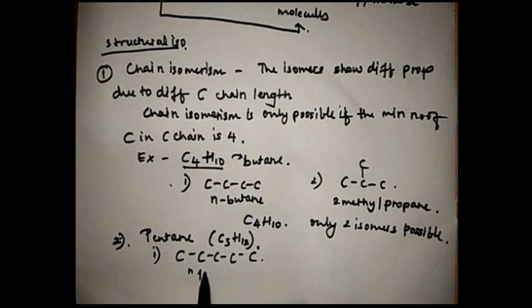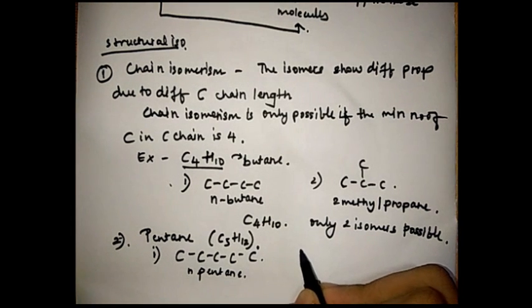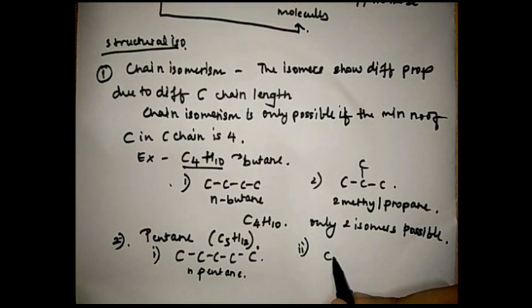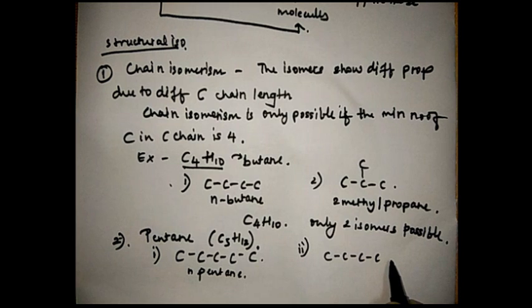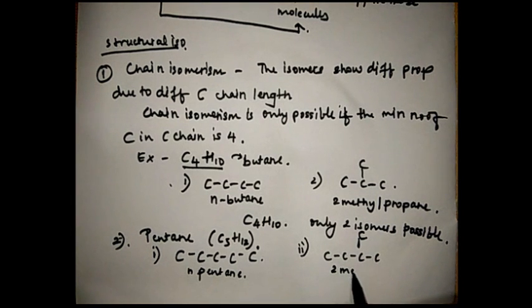So this becomes n-pentane. The second isomer, if we try, by reducing the carbon chain length and adding a substituent, becomes, according to IUPAC nomenclature, 2-methylbutane.